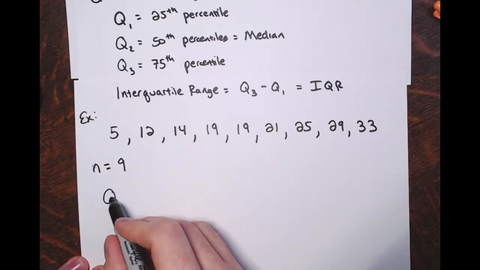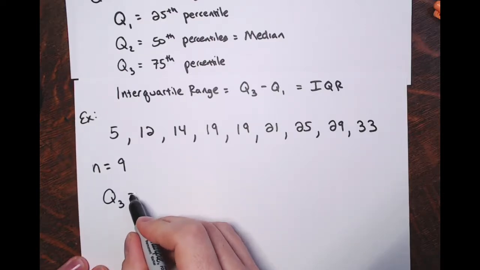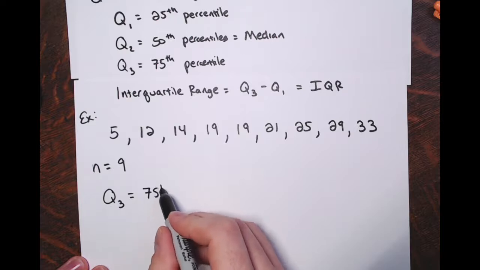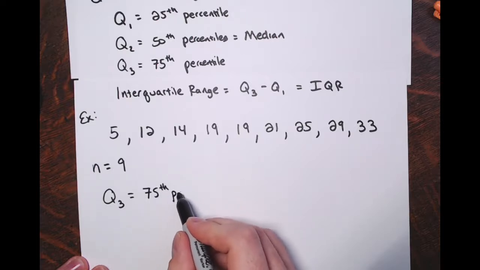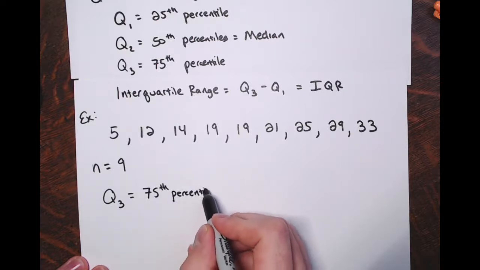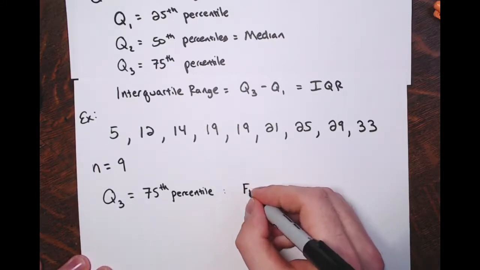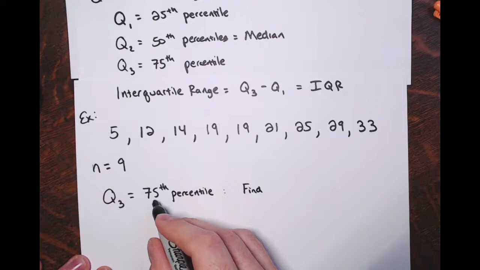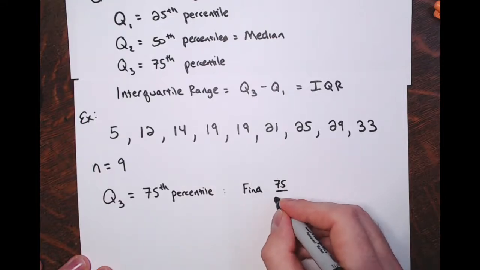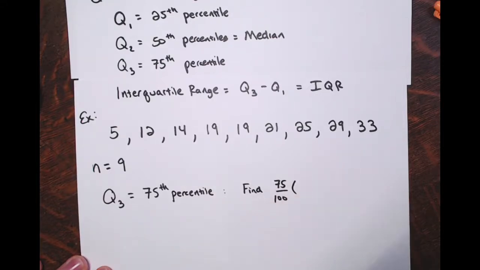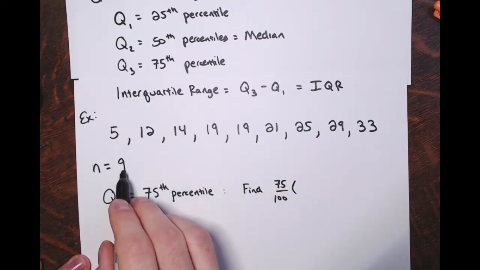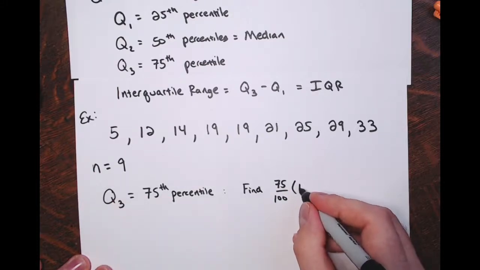So the third quartile is, again, the 75th percentile. So remember how I found this: k here is 75. 75 divided by 100 times n plus 1. So 9 plus 1 is 10.